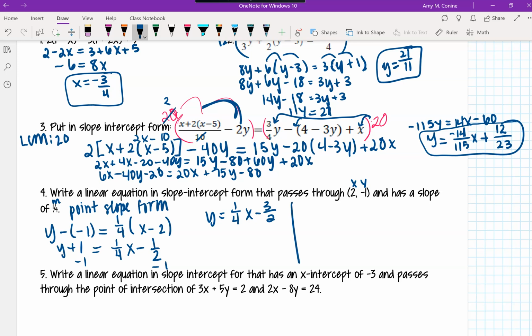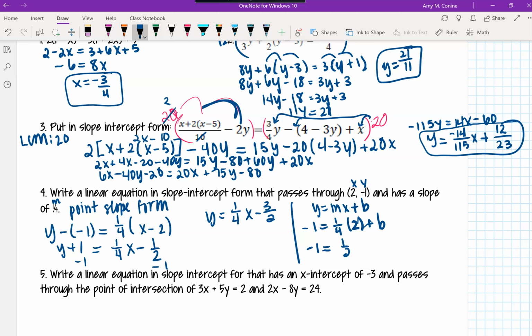The other way you can do this is you can take your slope-intercept form, plug in your y value, plug in your slope, plug in your x, and then all you're trying to look for is that y-intercept, and you get the same answer.